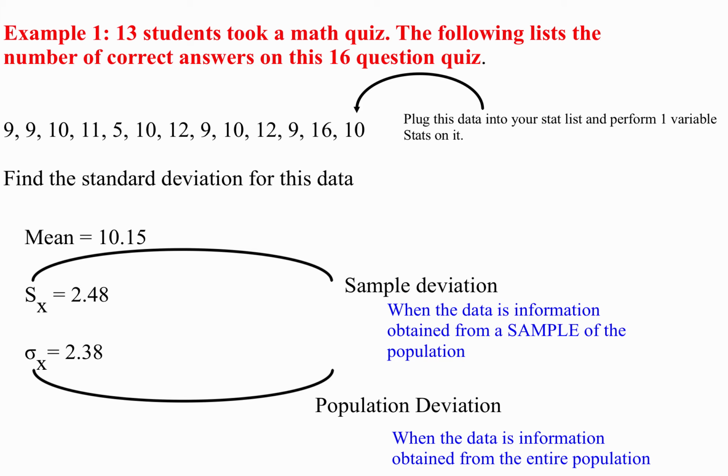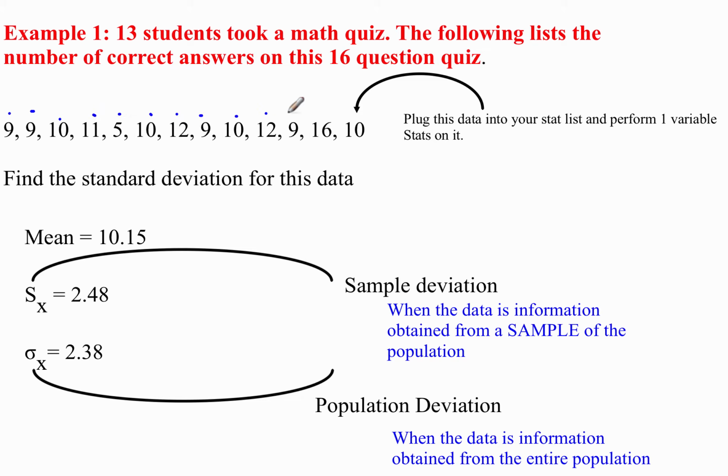13 kids took a math quiz. The following lists the number of correct answers on this 16-question quiz. So we're not looking at percentage, we're just looking at how many questions they got right. So we're going to plug this data into our stat list. Now notice something about this data. It's not in increasing order.